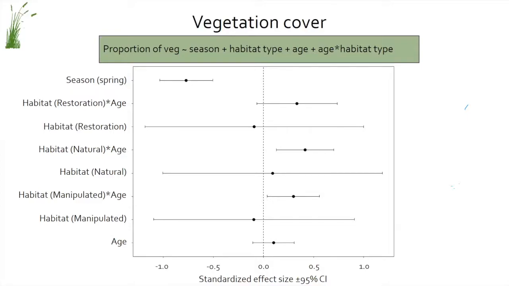So interestingly, there was no significant effect alone of habitat type, but once we accounted for that interaction with age, we can see that there was higher proportion of vegetation in these natural and manipulated overwashes, and this is compared to the breach, in this case the reference habitat type.